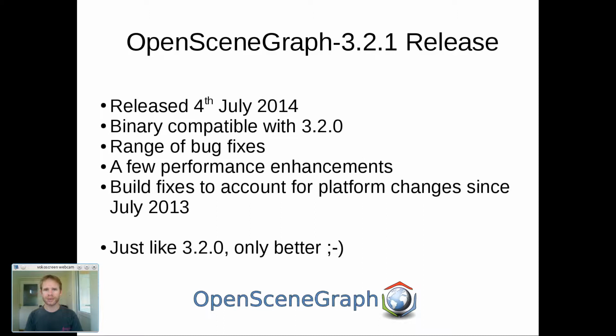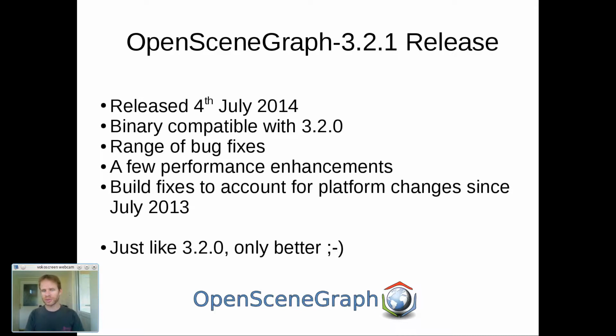The 3.2.1 release is built off the 3.2 branch and contains a range of bug fixes and a few minor performance enhancements, and perhaps most crucially a range of build fixes to help with all the different platform changes which have been made over last year.